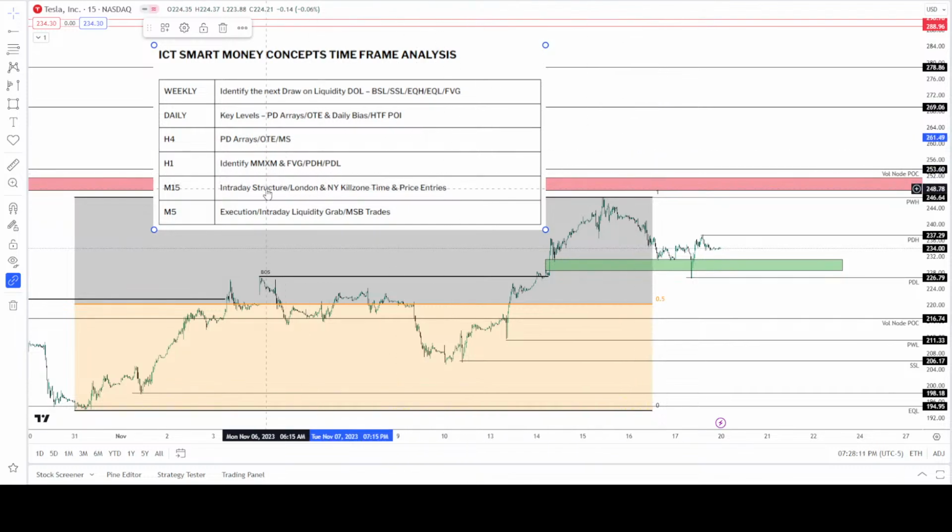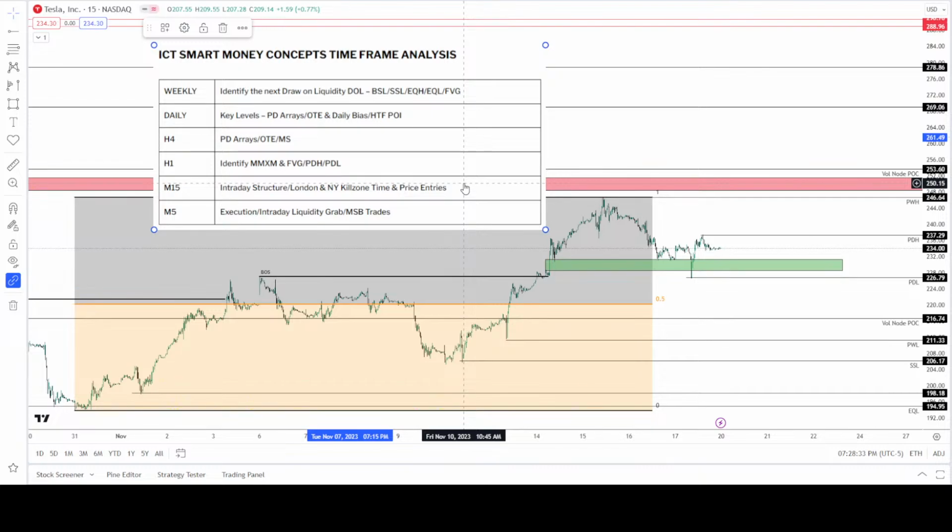But ICT also teaches a lot of, for Forex and for futures, where London and Asian session really set the stage for what's going to happen during the New York AM and PM session. So if you're interested more in the kill zones, you can message me, or I can explain more or point you in the right directions.